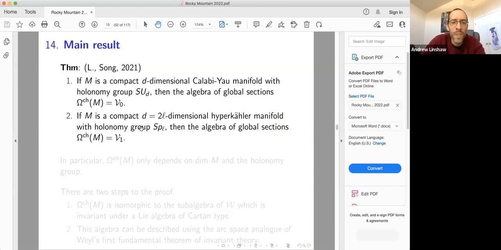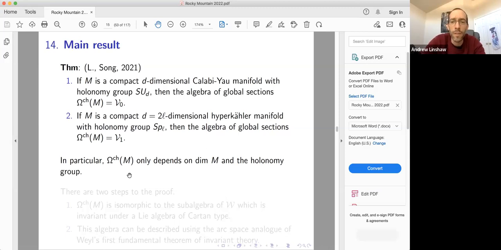And if M is a compact hyperkahler manifold of dimension 2L with holonomy group Sp(L), then its global section algebra is this V1, which is the n equals 4 superconformal algebra. So in particular, this global section algebra depends only on the dimension of M and the holonomy group.